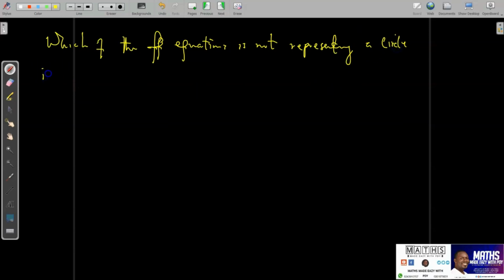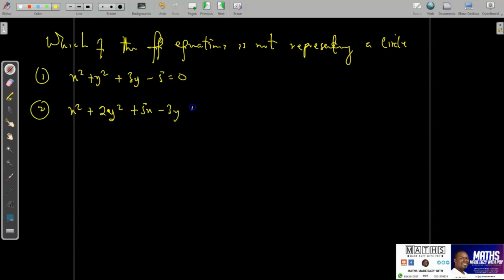So we have number one as x squared plus y squared plus 3y minus 5 equal to 0. Number two, I have it as x squared plus 2y squared plus 5x minus 3y plus 2 equal to 0.